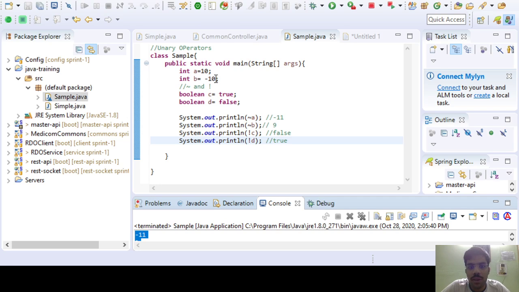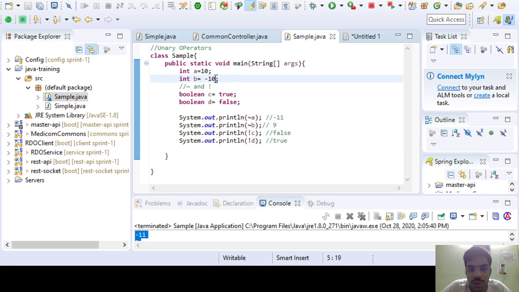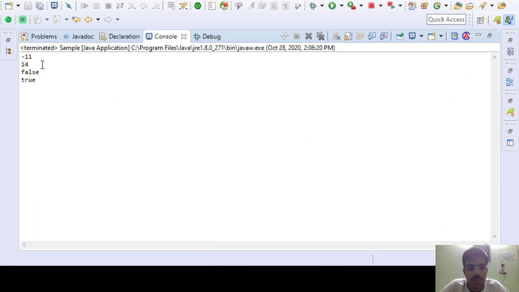Okay, some people are doubting this, some people want to change this variable. Okay, let's see. I want to declare 15. What will be the output? Tell me. If it is 15, the output will be 14.